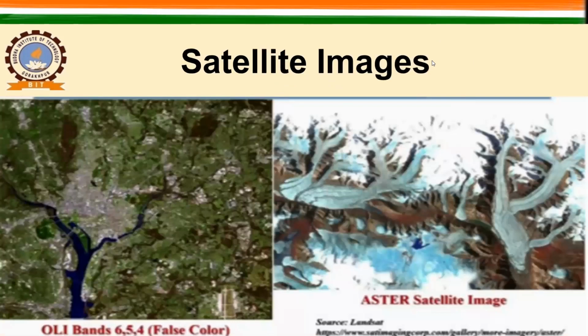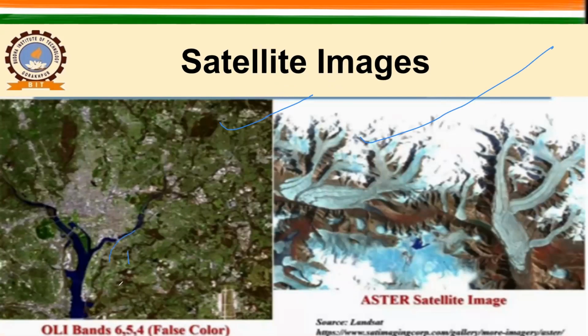Satellite images. Here are a few examples of satellite images. You can find these easily on Google. You just simply write the sensor name and sample data, and you can access all the sample images. So here the first one is the OLI band.